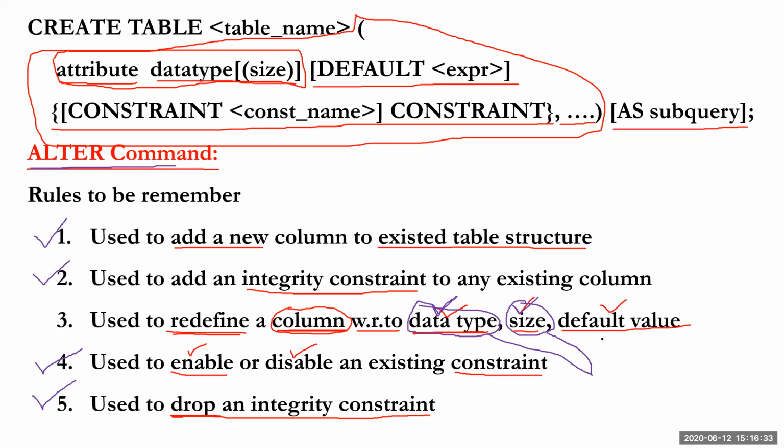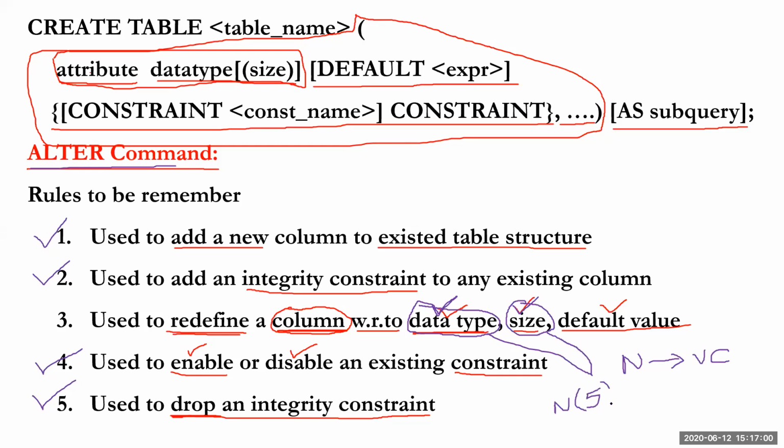There is no problem at all. You need not take any precautionary measures there, but when you want to change the data type or the size, yes, you have to. A data type change means, for example, it is already number and you want to change it to varchar2. Similarly for size, suppose number of 5 is already there.